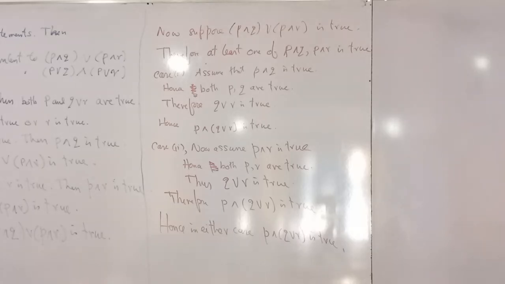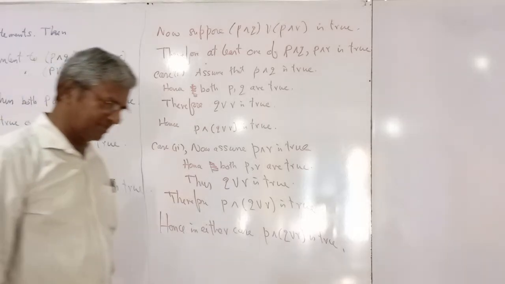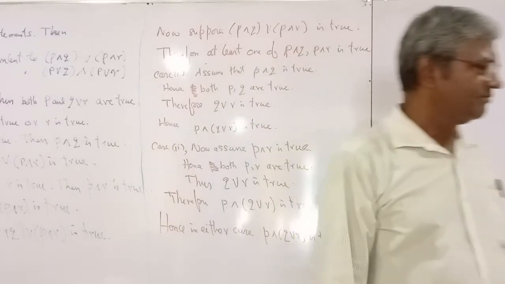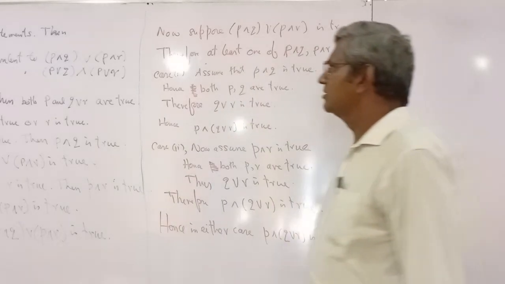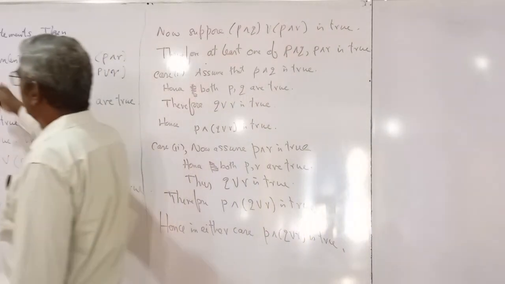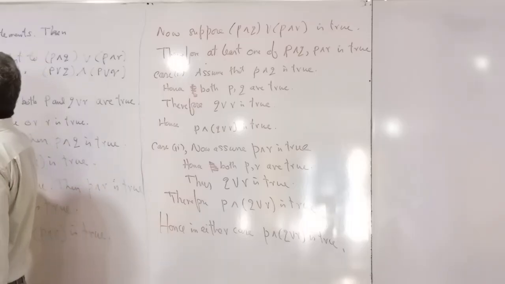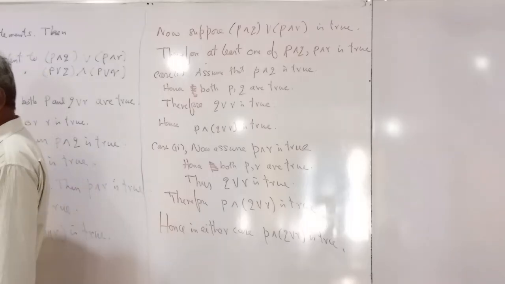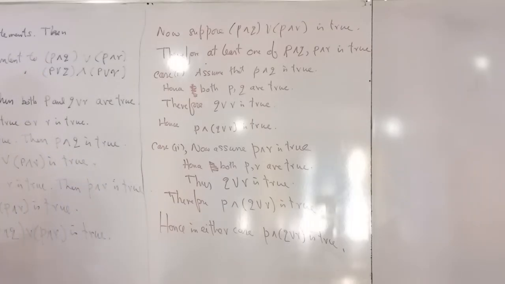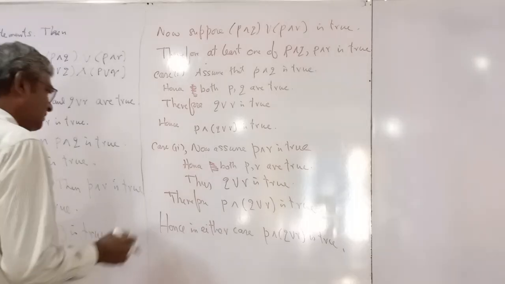So now can I say that it's logically equivalent? Because if you are going to put all the cases, they may be having false situations. So we are not going to worry about it.